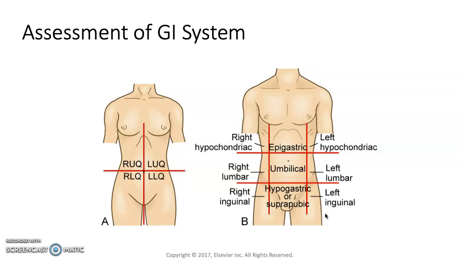So it's a good system. And then the other system divides the abdomen into nine regions, the epigastric area, the umbilical area, etc. That also can be used, especially when charting. But typically, the one with the right upper, right lower is used pretty frequently.